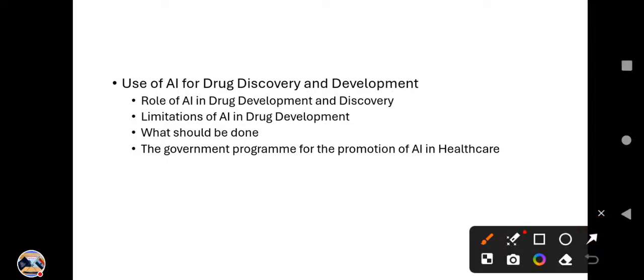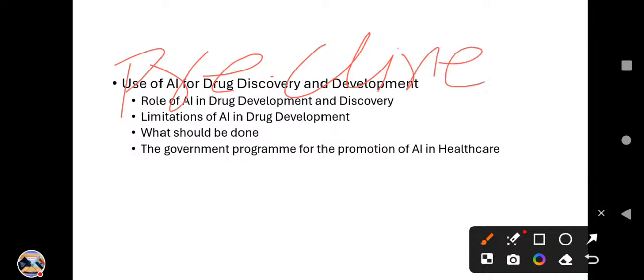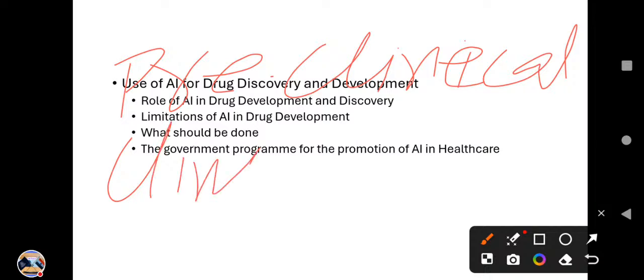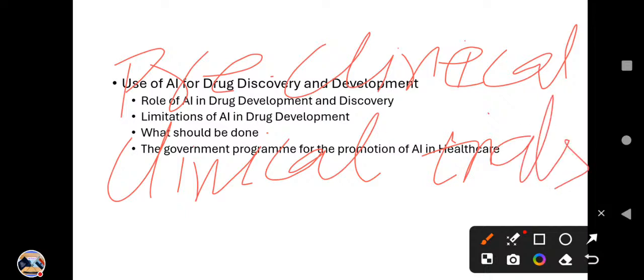So artificial intelligence enhances early phases like target discovery but does not affect preclinical and clinical trials, okay. During clinical trials artificial intelligence cannot help.